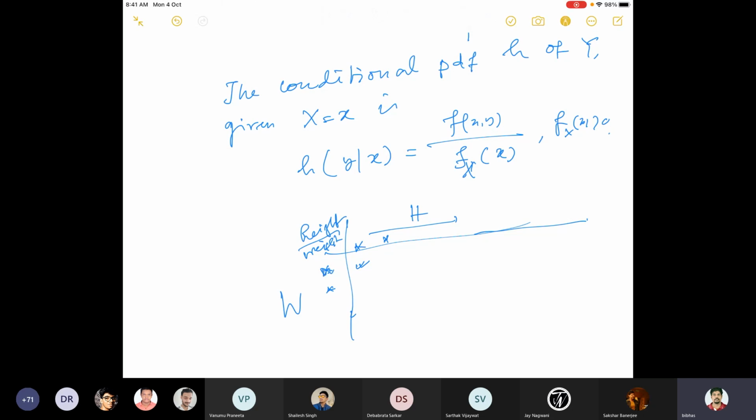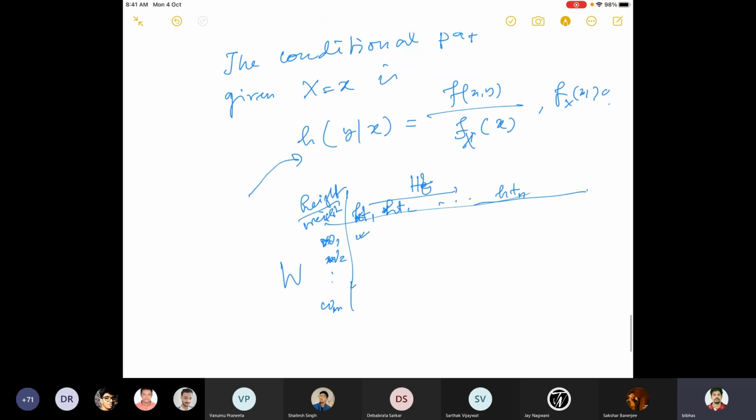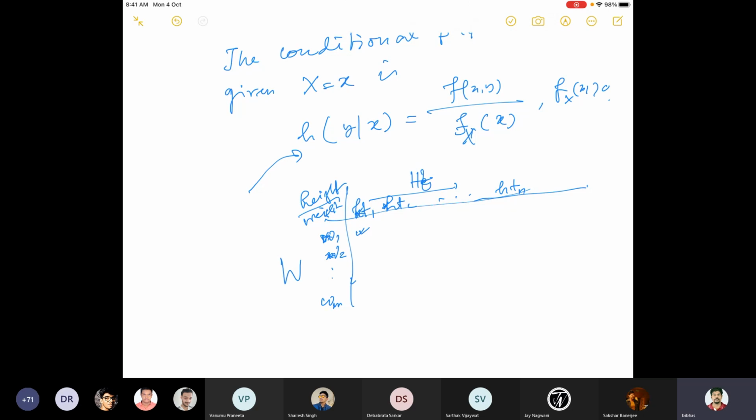So let's say this is W1, W2, dot dot dot, some Wm, and here it is HT1, HT2, dot dot dot, some HTn, let's say. So I know what is the probability.